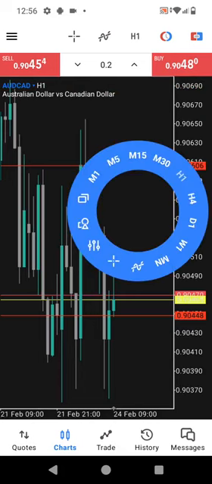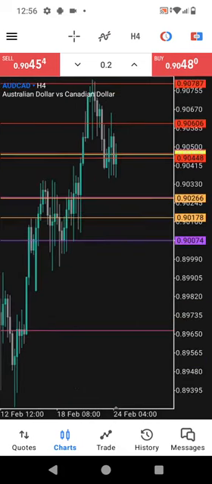Not experience a lot of movement. Anyway, just speculating.